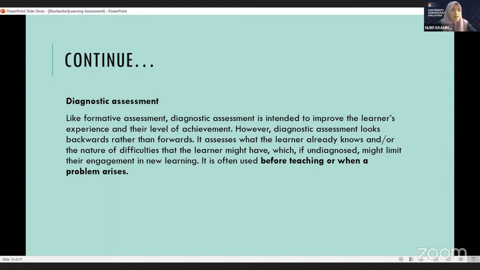Some students may know, but they have a slight misunderstanding about photosynthesis. And you may also find that some students know nothing about photosynthesis, or perhaps they know what photosynthesis is, but they do not actually describe it in a scientific way. Okay, so that's diagnostic assessment.